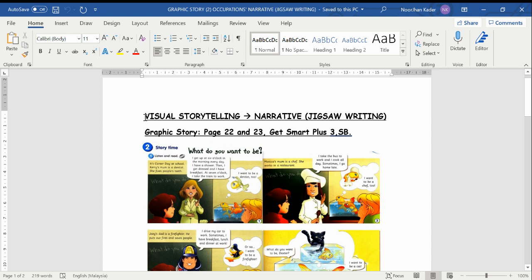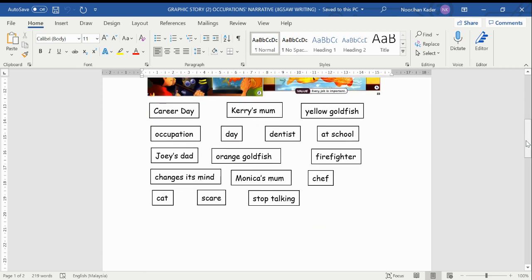Because earlier on, I've already done the visual storytelling to narrative. But this time, in part 3, I'm using back the same narrative, but I simplify it by giving the words and phrases, jumbled up, and I want you to choose and write the answers in the blanks.